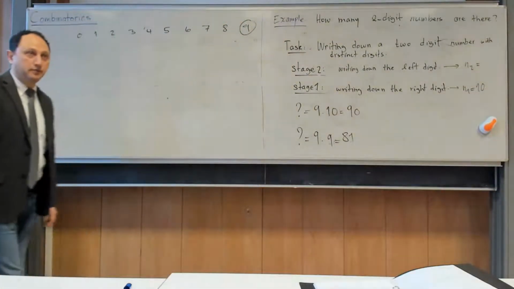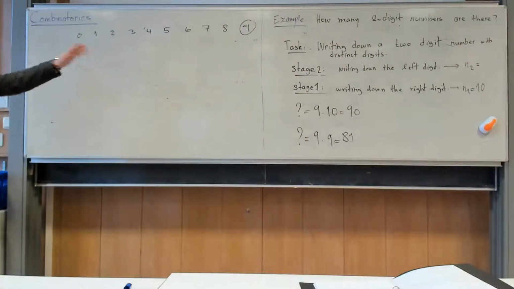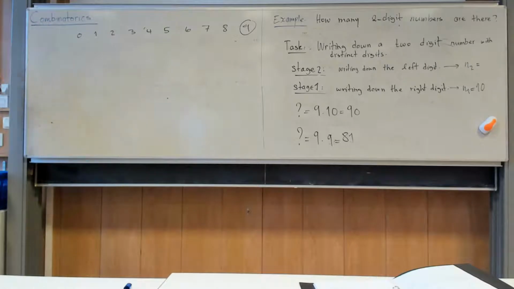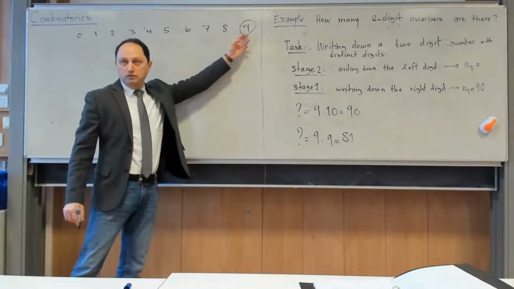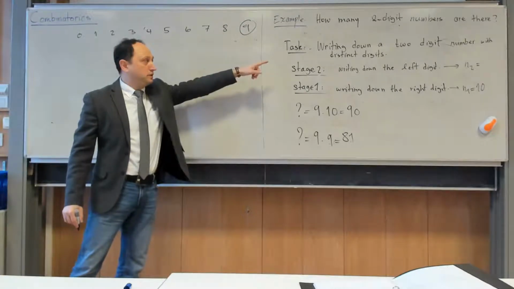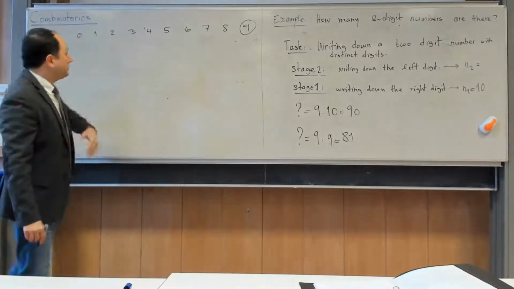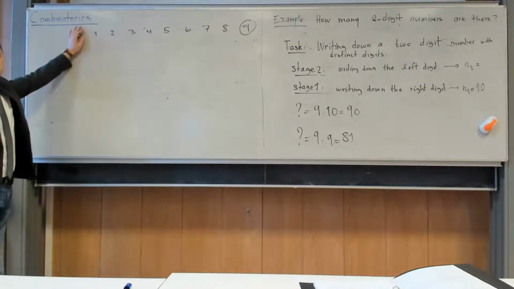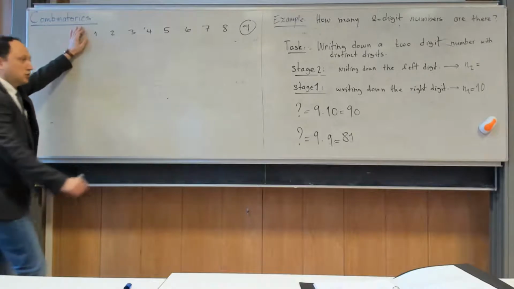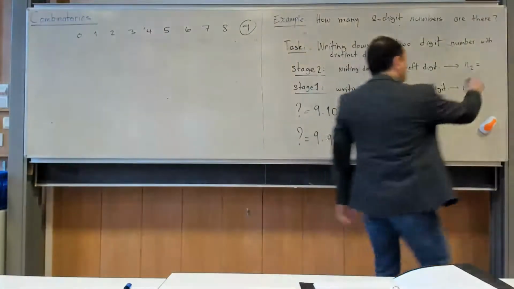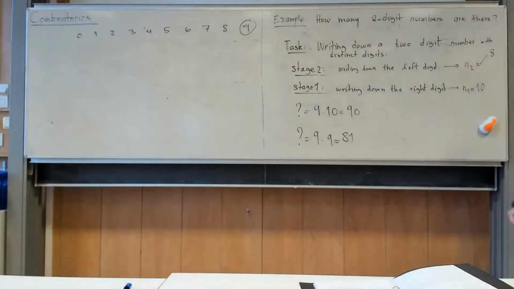But now for stage 2, I am going to choose the left-hand digit. According to the problem, I am not allowed to choose 9 because it is not going to be repeated. But I myself know that I am not allowed to choose 0 either. So how many options are available? 8. So in some scenario, this might be 8.